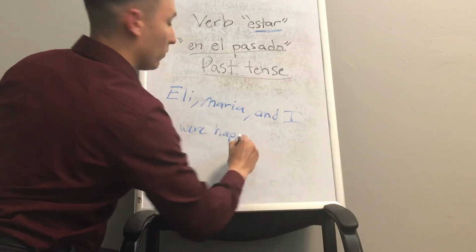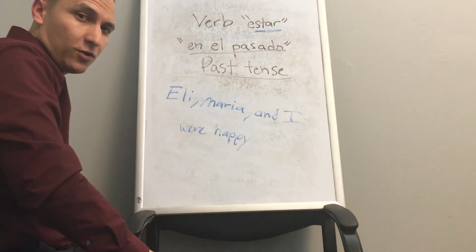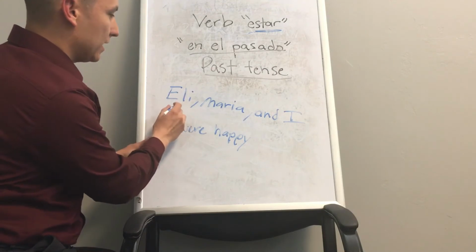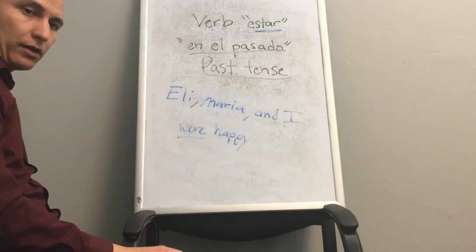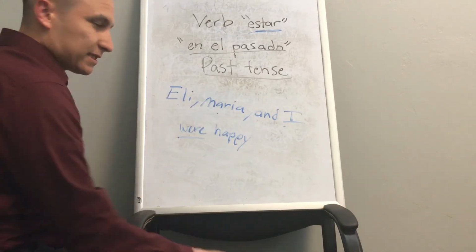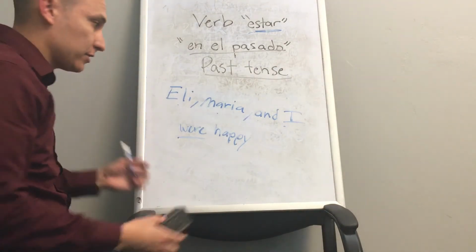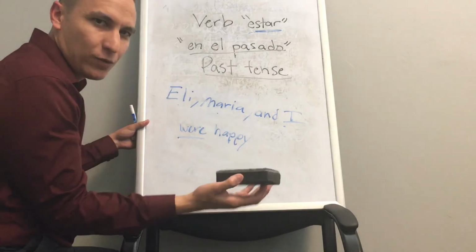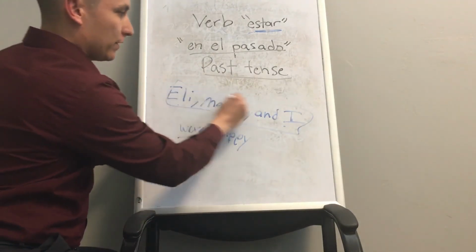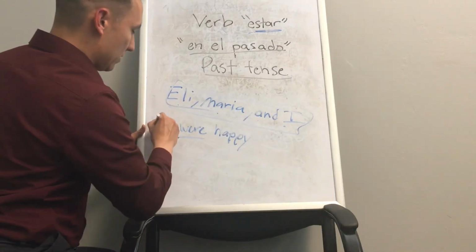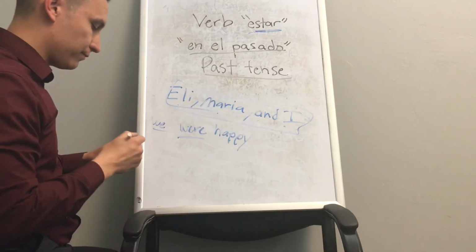We're talking about more than one person, so we're not going to use was. We're going to use were. So we're going to say Ellie, Maria, and I were happy. All right? That's kind of like a nosotros version. Or we could say we, right? Instead of putting that, to shorten this up, we could just do we. And that would be the pronoun.